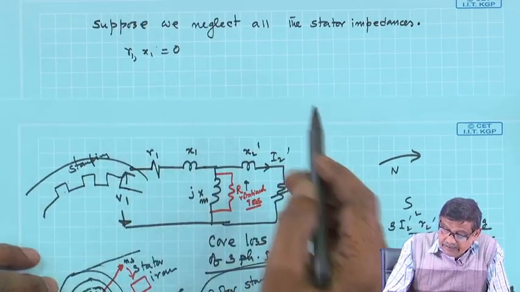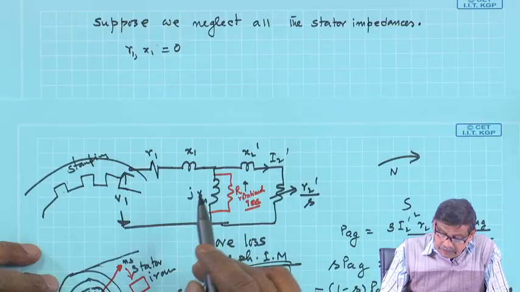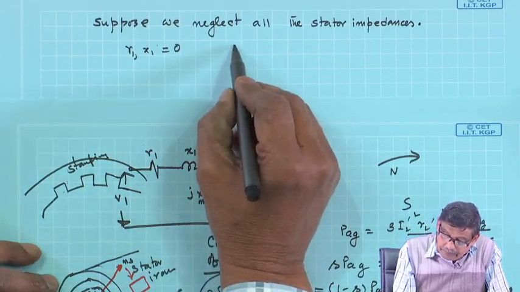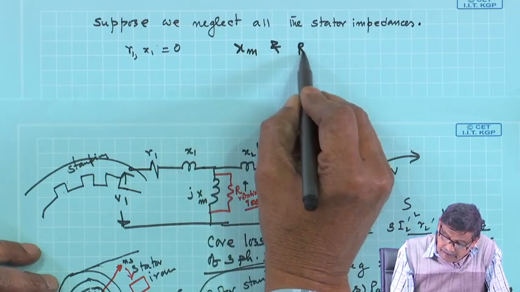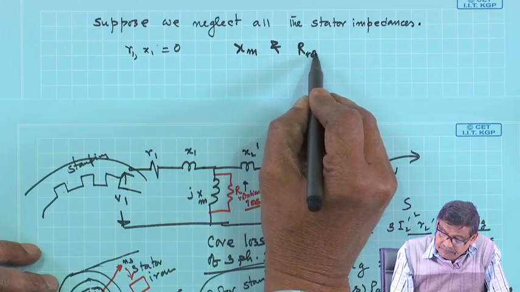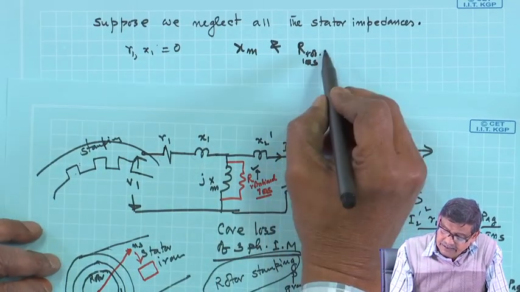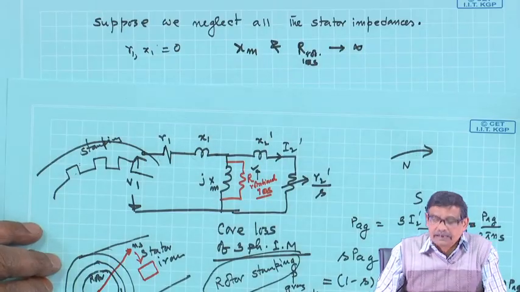When I say neglect the stator impedances, don't short the parallel branch, it should be open: X m and R rotational loss resistance, this resistance is very large, like infinity.